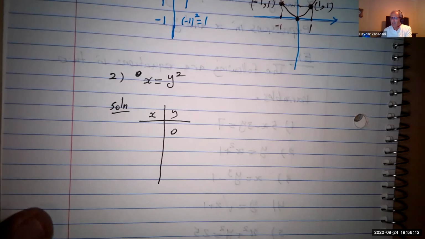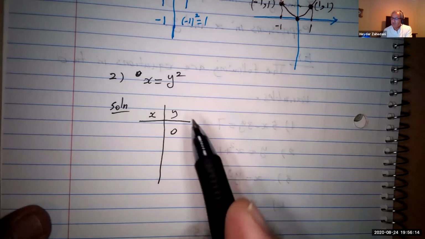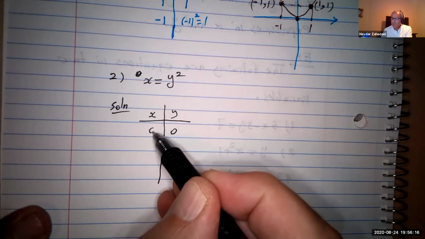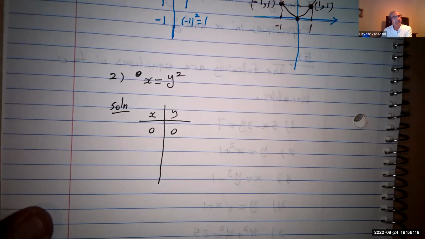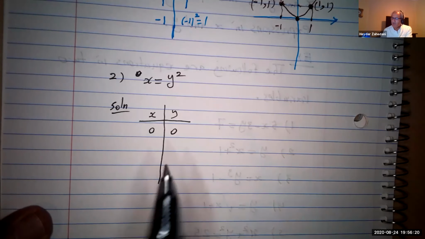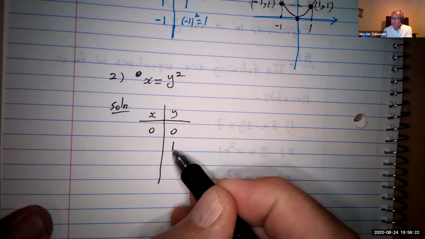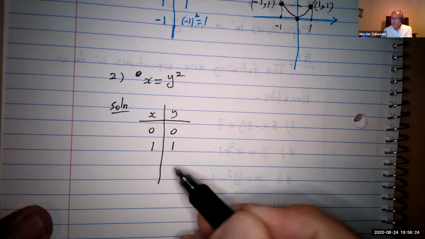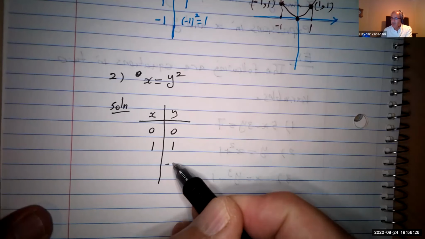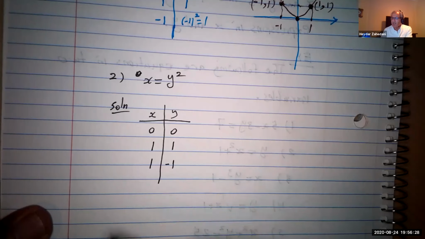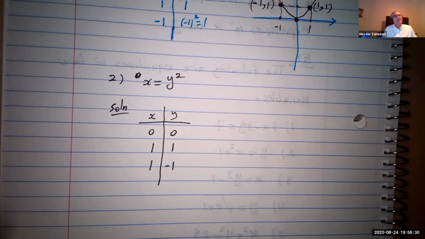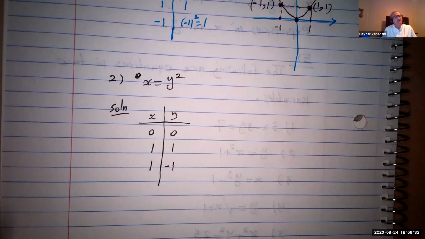So if I put y equal to 0, 0 squared would be 0 again. So that gives me (0, 0) again. Okay, then I pick y equal to 1. So x would be 1. And I pick a negative 1. So that gives me 1 again. Okay, you can pick more points, but we don't need it really. Any question?